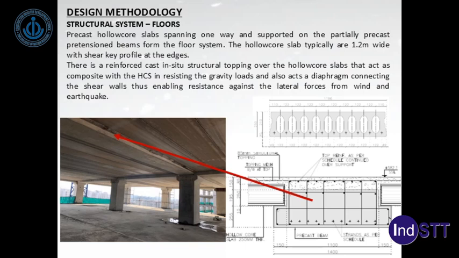They have a shear key profile at the edges, and they are laid next to each other as one-way spanning planks, and there is a reinforced cast in situ structural topping over the hollow core slabs that acts as composite with the hollow core slab in resisting the gravity loads, and that topping also acts as a diaphragm connecting the shear walls, thus enabling resistance against lateral forces from wind and earthquake.